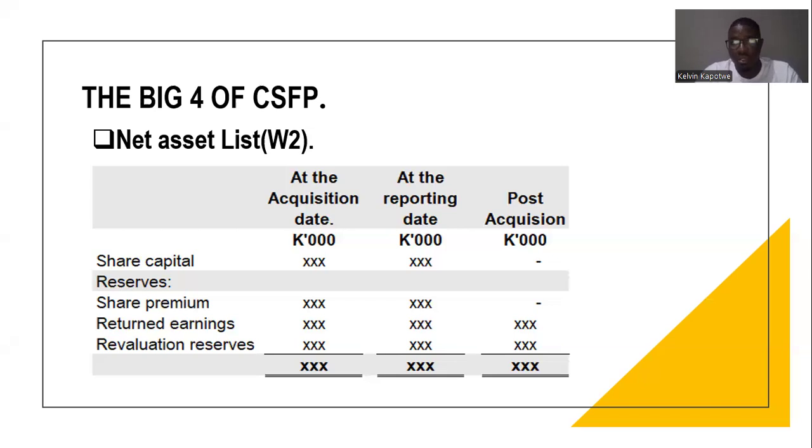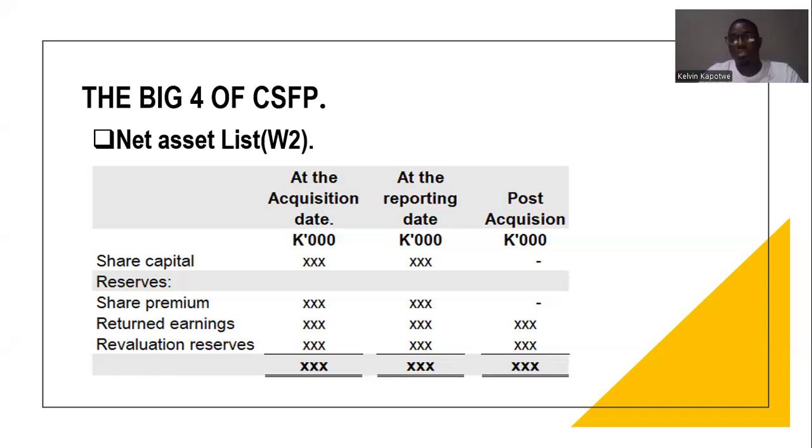Okay, so retained earnings, when you acquire an entity, then post-acquisition, you understand and you agree with me that that business will continue trading. So as it continues trading, it is generating profit, right? So if you acquired it on, say, 1st June, there will be post-acquisition retained earnings that will be recorded in the next 6 months.